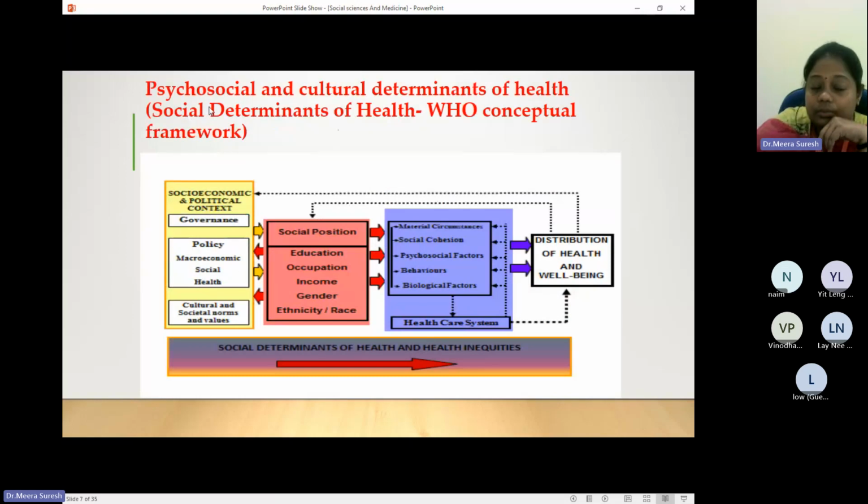So this is one of the conceptual frameworks of the WHO, which shows the importance of psychosocial factors, so psychic and also social or environmental factors, and also the cultural determinants. So you can see how formulated it is.